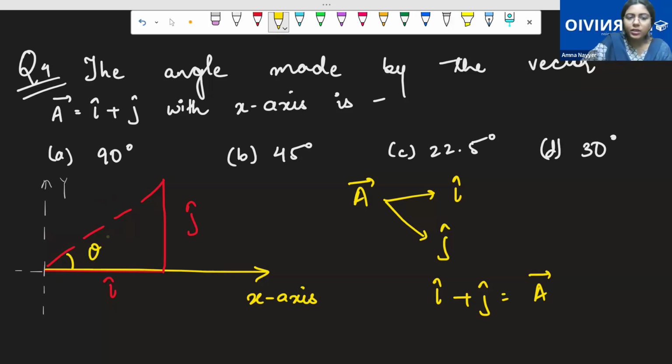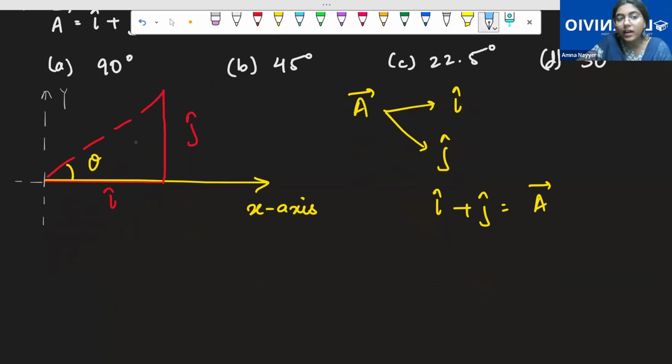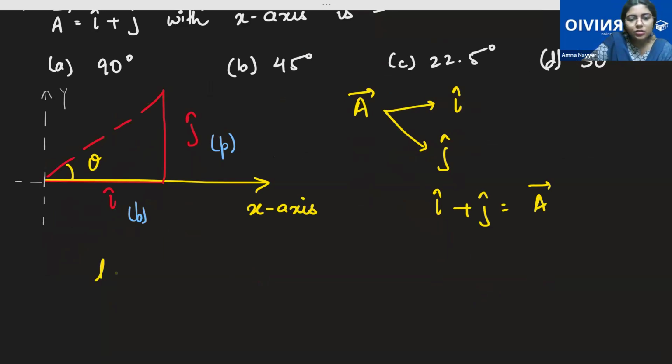Don't take cos theta here. Cos theta will never give you the answer because cos and sine involve the hypotenuse, and we have no clue about it. The hypotenuse is lying in a plane, and plane means two coordinates. That will just mess up. It's better we consider the perpendicular and the base, that is, we'll focus on tan theta. So tan theta will be equal to j cap vector by I cap vector.